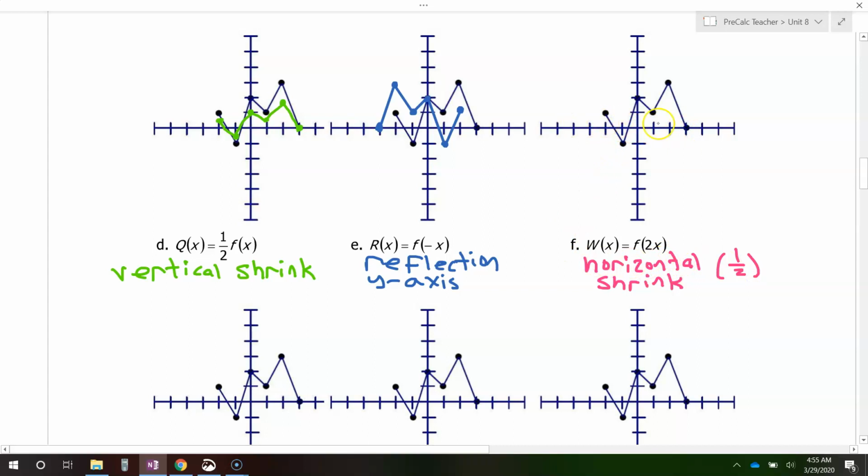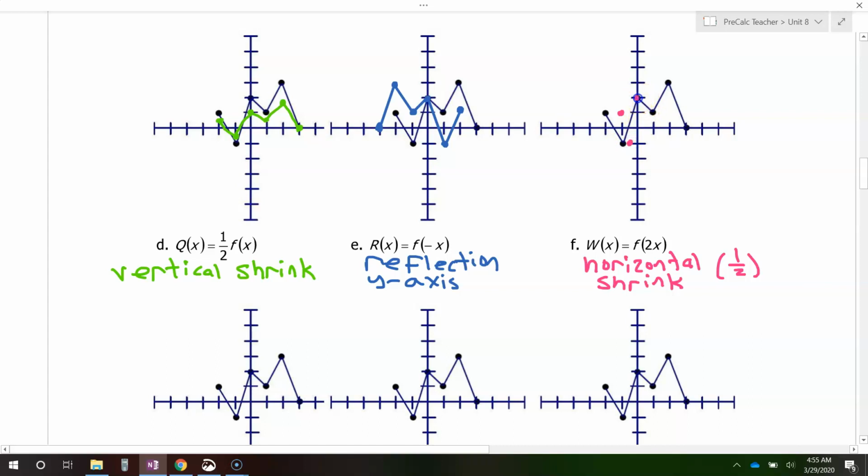So because this is a horizontal shrink, all of the x values will be cut in half. This has an x value of -2, so that's going to become an x value of -1. This x value of -1 will become -1/2.